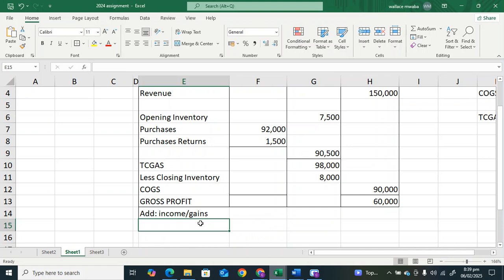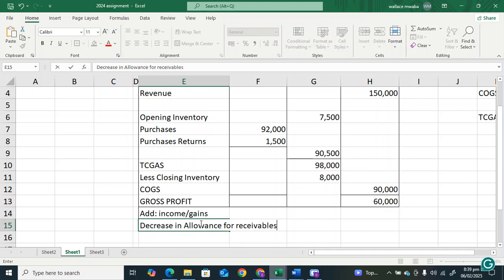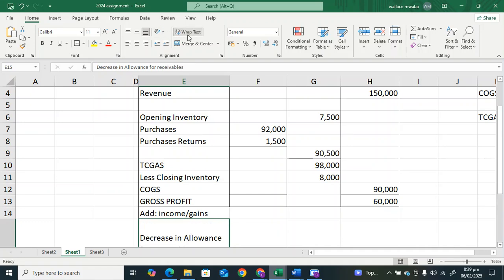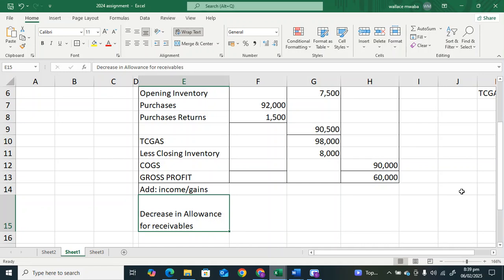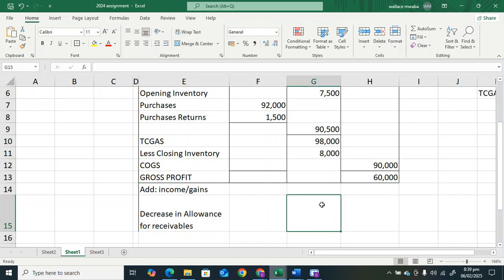So you say here decrease in allowance for receivables 100 kwacha.